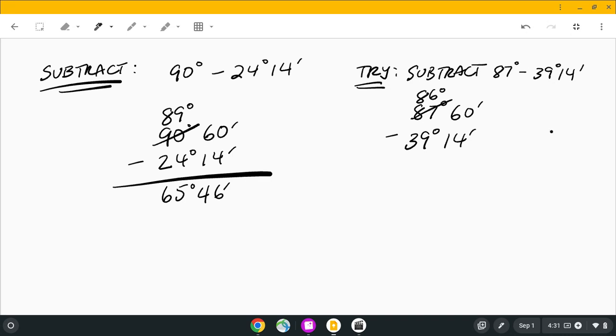But it doesn't. We don't have any minutes, so we only have 60 when we borrow. And then when you do your subtraction here, you should get 47 degrees and 46 minutes. So check your answer and make sure that you receive the right answer.